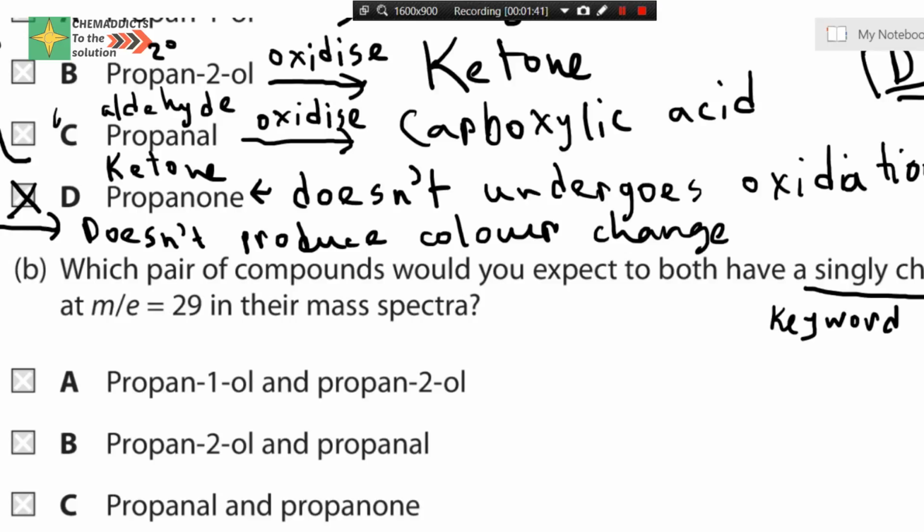So what we gonna do here, we need to defragment the molecules and match the fragmented molecules with other.